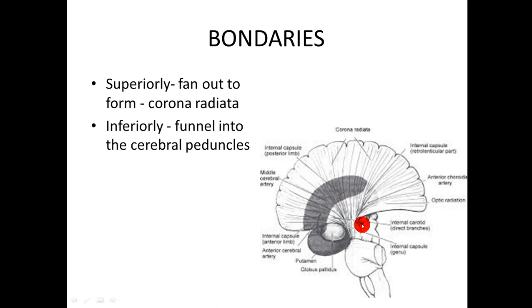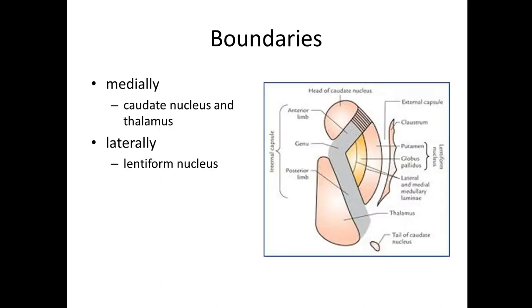And inferiorly, here is the midbrain part, and the fibers converge like a funnel, and that is called the cerebral peduncles. So superiorly corona radiata and inferiorly cerebral peduncles of the midbrain. Medially, this is the medial aspect.